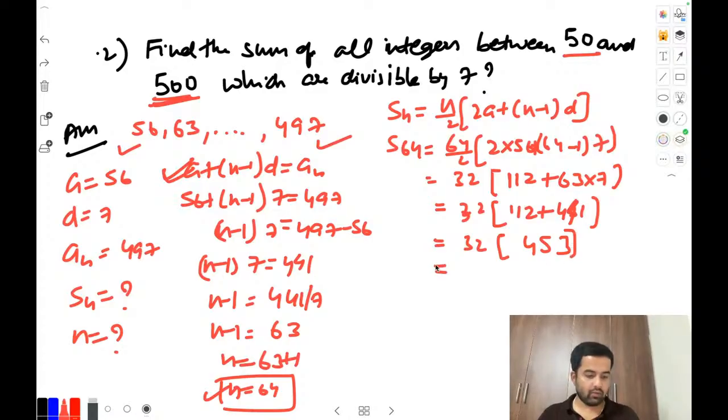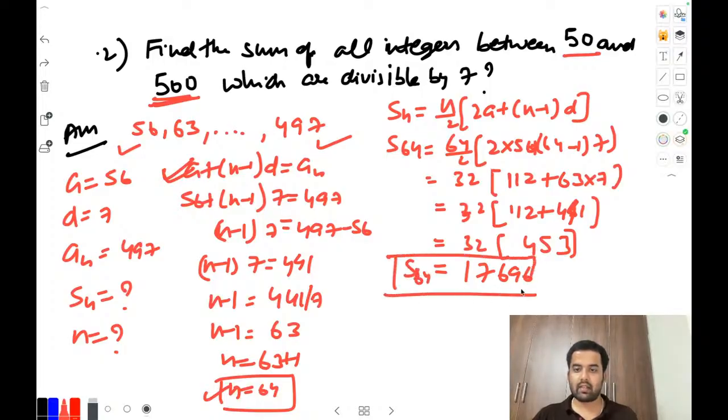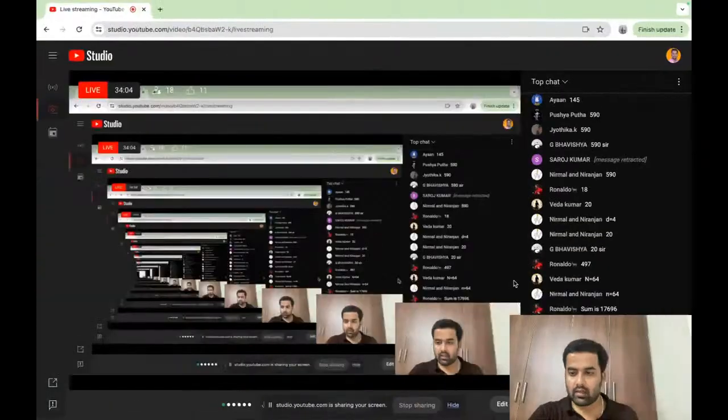After multiplication, what answer did you get? I don't have the multiplication value here. All of you got the same answer. Let me just cross check again. Yeah, the multiplication part will be this only. Those who got this answer, that is the correct one. S64 is 17696. Let me check. 17696.